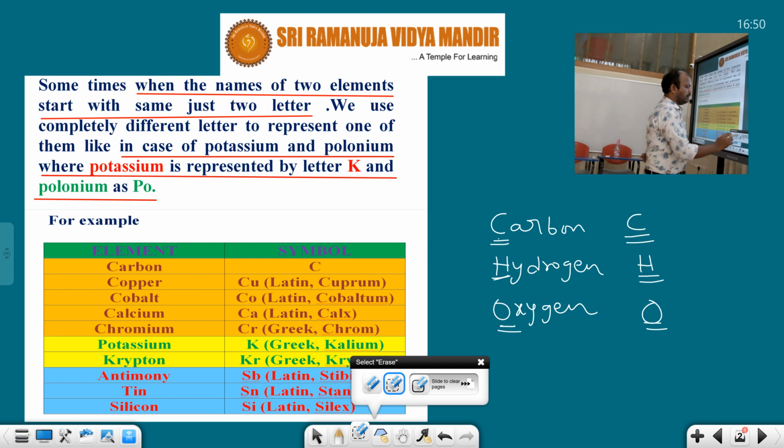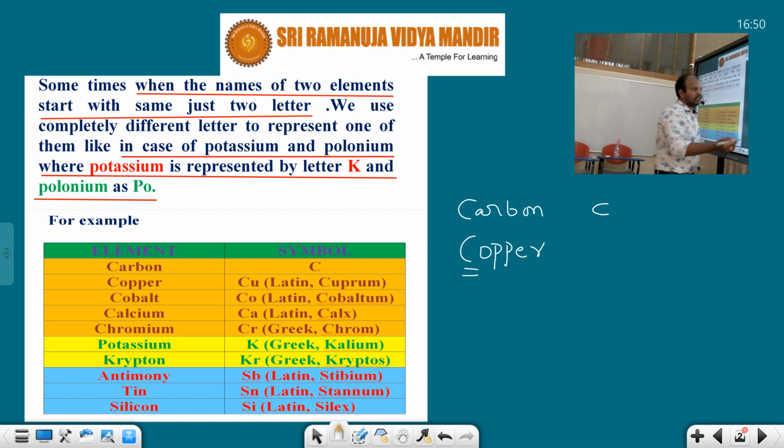Here, have a look at the table. Here, carbon, the symbol is C. Copper, its first letter is C, but the symbol is Cu. Why is this symbol Cu given? Because this symbol is derived from the Latin name cuprum.